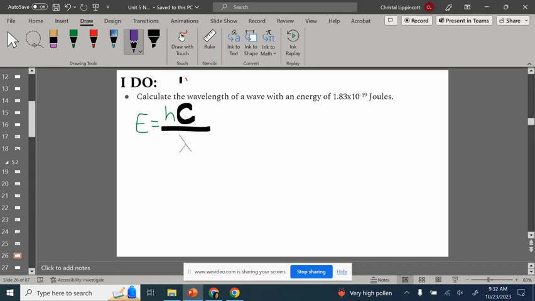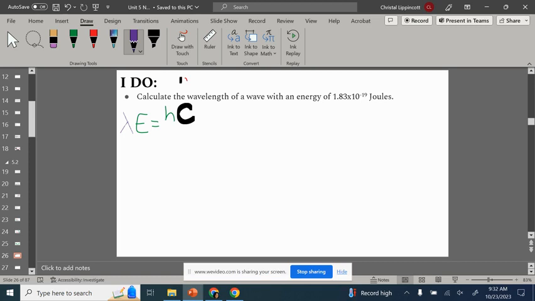I need to get wavelength by itself. So I'm going to multiply both sides by wavelength. So my wavelength is going to come over here then. I multiply both sides by it. It'll cancel from here. And now what do I need to do?